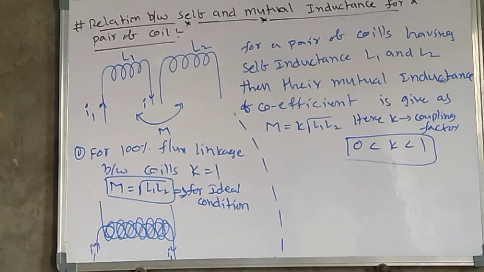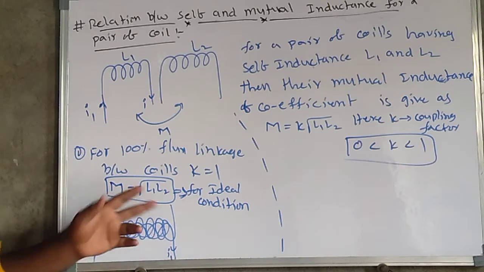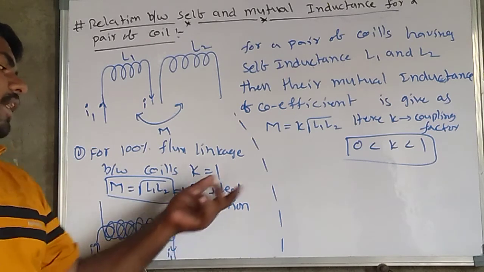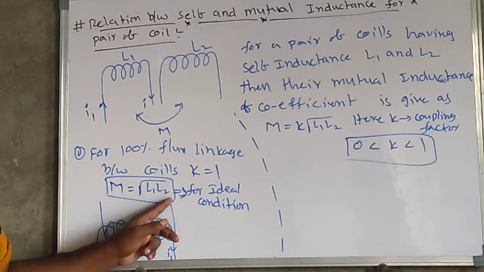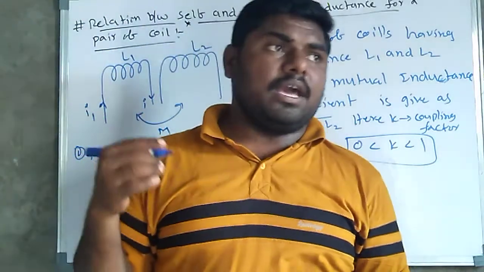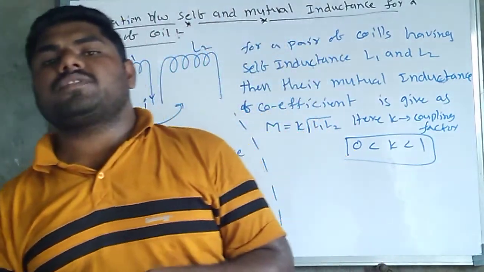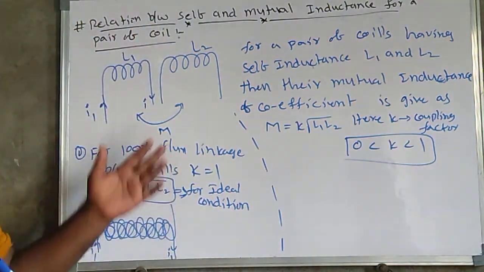Now this is a condition where they both are in opposite directions. In this situation K is equal to 1, and this situation is nothing but the ideal condition. So in this situation M is equal to root of L1 L2. Sometimes they will give L1 and L2 values and ask for the M value, the mutual inductance coefficient.